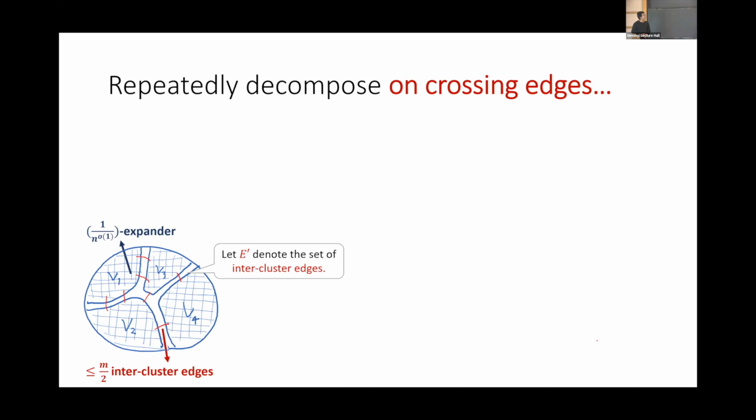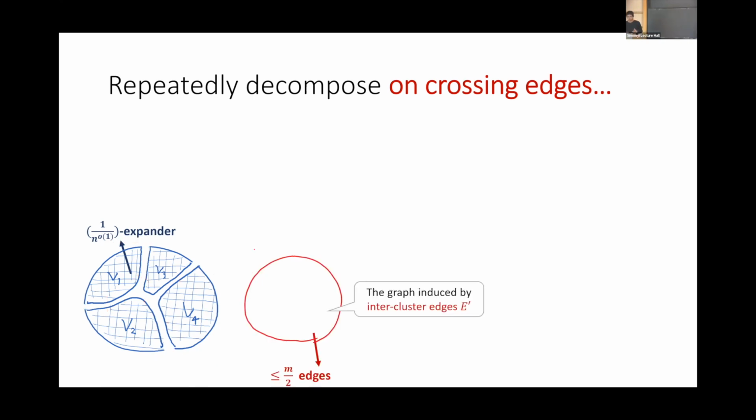The trick is this. We're going to repeatedly decompose the graph into expanders. So what I'm going to do is first call expander decomposition on the graph. And now the crossing edges are less than half. Let E prime denote the set of intercluster edges, the crossing ones. We can now define the graph that is induced by these red edges.